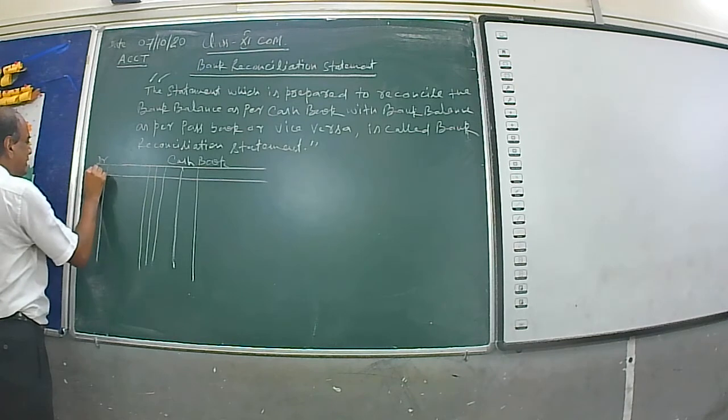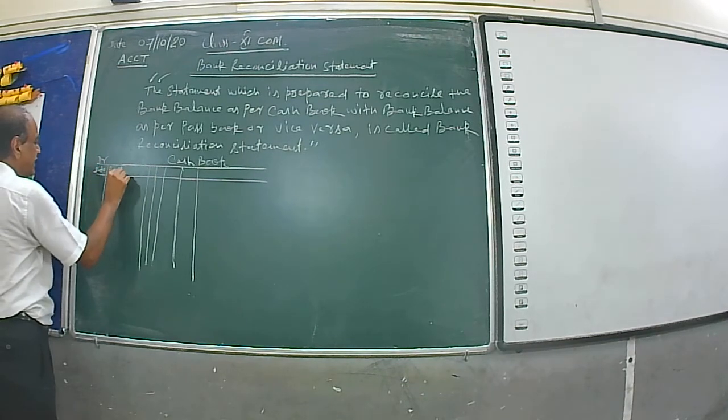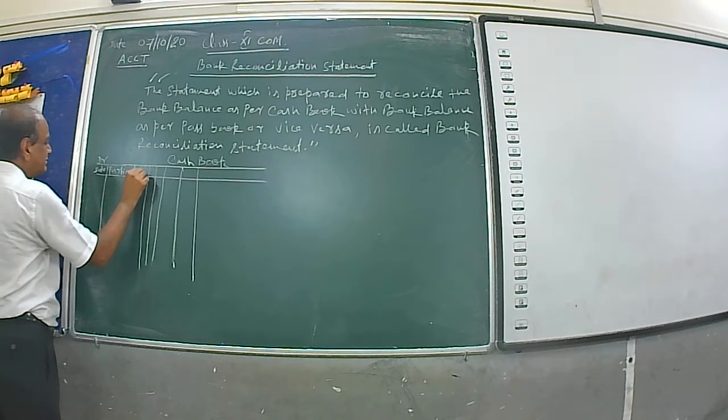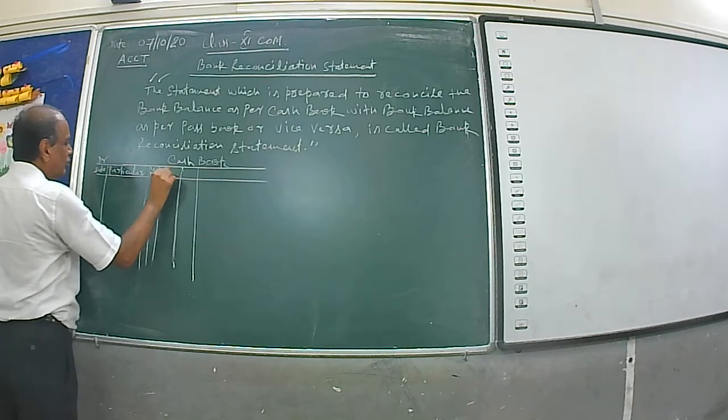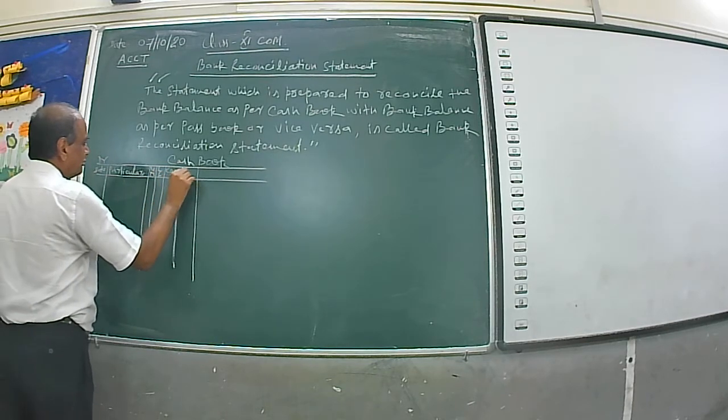Here you will have to write debit. So first column date, second particulars, voucher number, ledger folio, cash column, bank column.